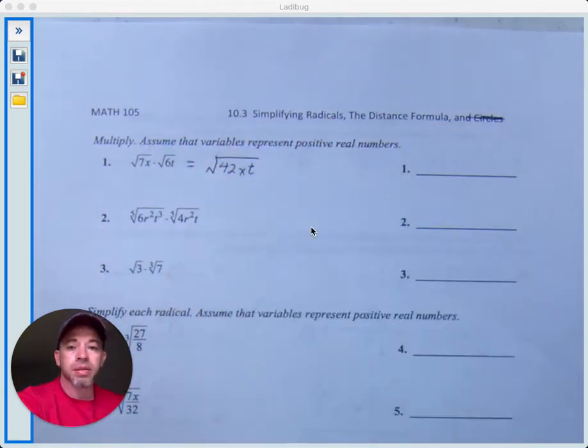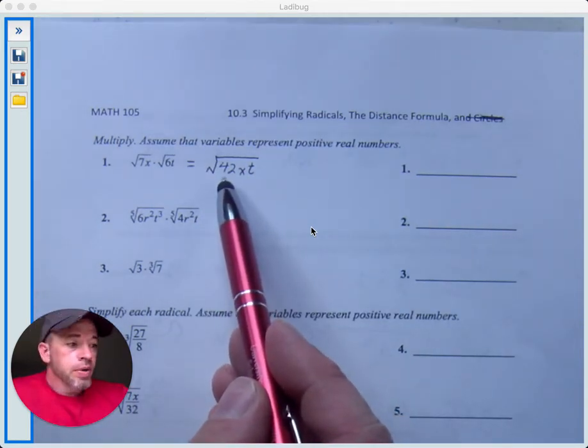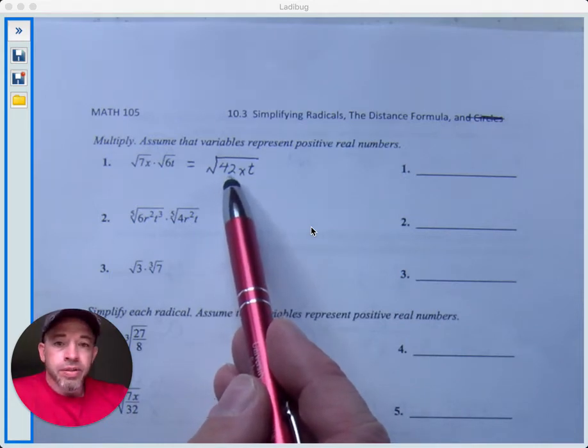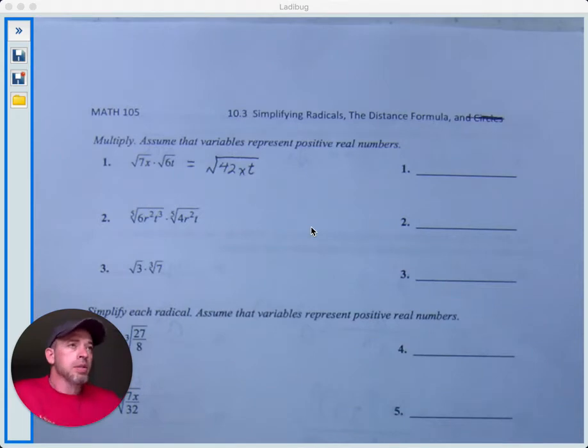Another thing to think about when you have a radical like this, you want to see if there are any perfect square factors of 42. So are there any perfect square factors of 42? It's a good question. I don't think so. The factors of 42 are 1 and 42, 2 and 21.